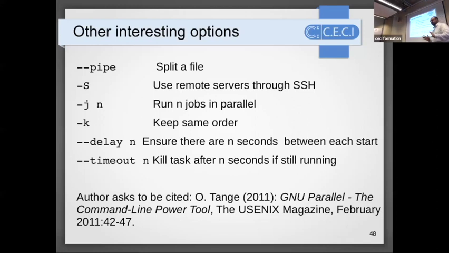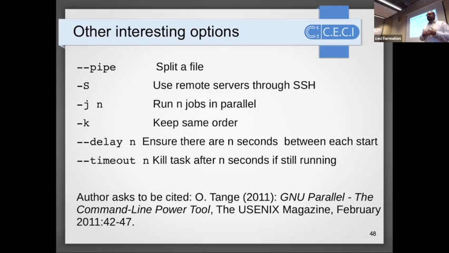And the same discussion applies with respect to the number of cores you have and whether the program is CPU bound or not. And this is a very nice thing, keep same order. In many of the options I talked about earlier, the fact that it runs in parallel can sometimes change the order of the output compared with the order of the input.